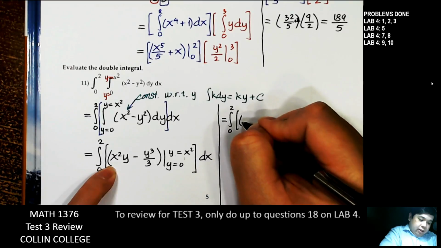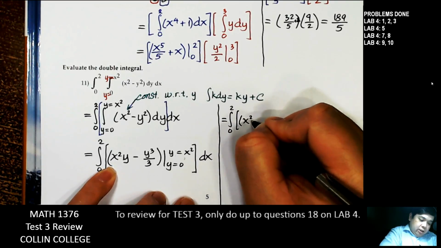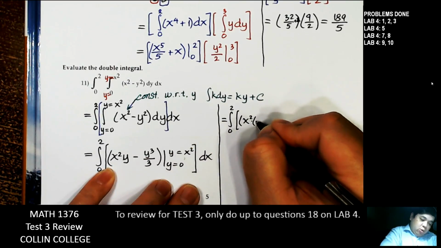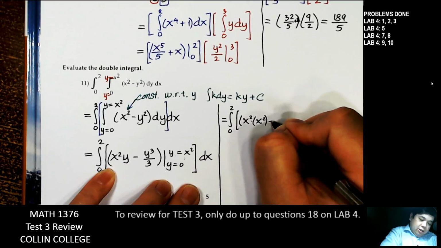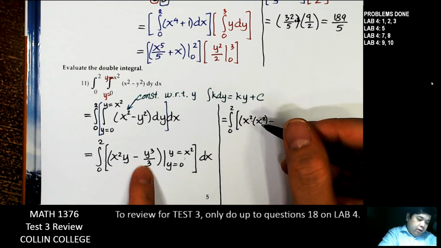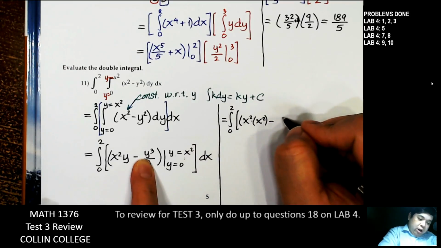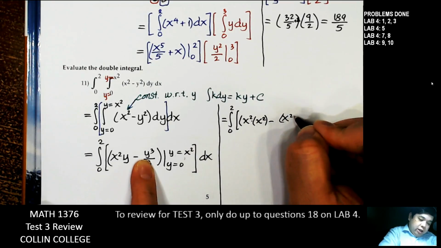So we have x squared, and x squared to the y cube, so x squared cubed.